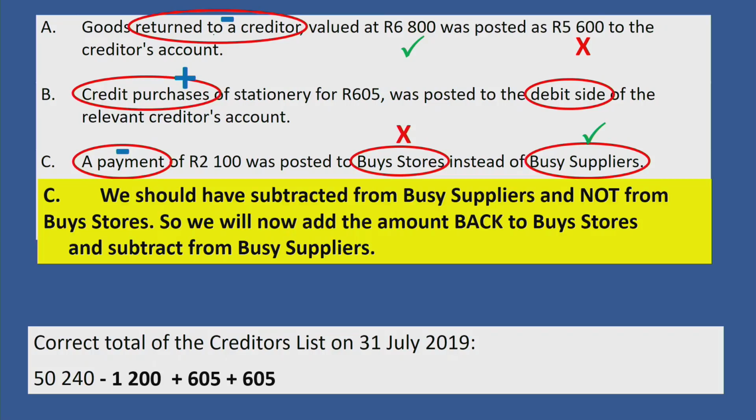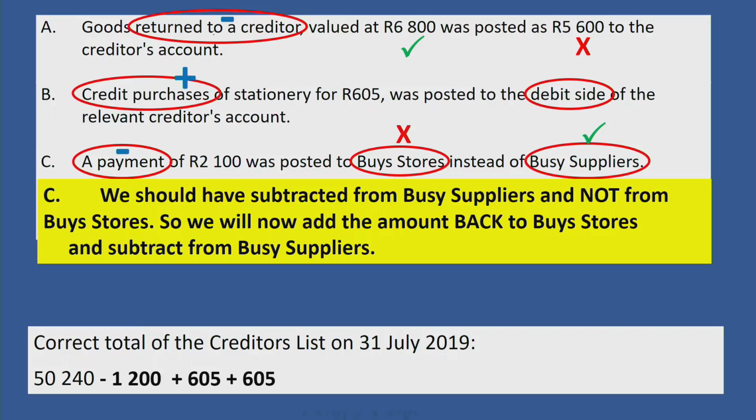The explanation says we should have subtracted from Busy Suppliers, but not from both stores. So now we will add the amount back to both stores. We didn't pay him. We owe him what we owed him before, but subtract from Busy Suppliers.